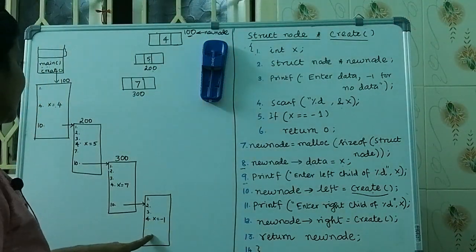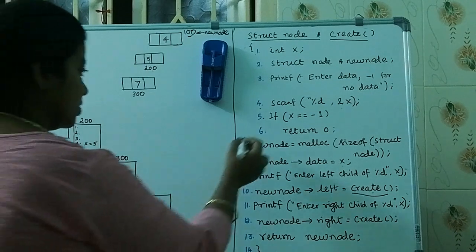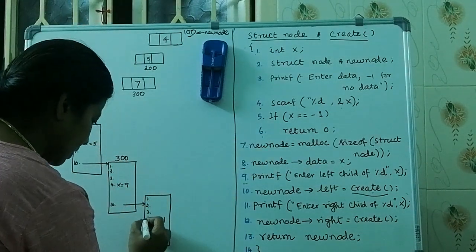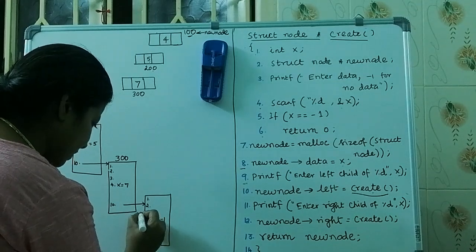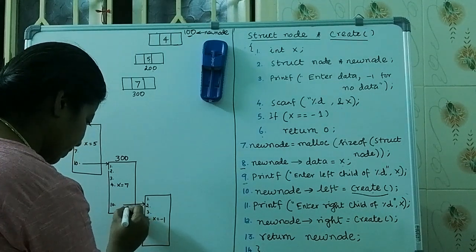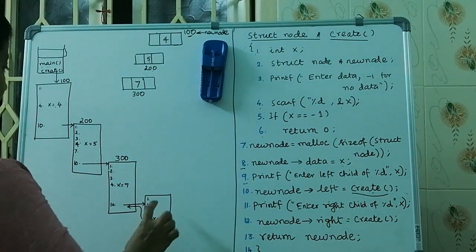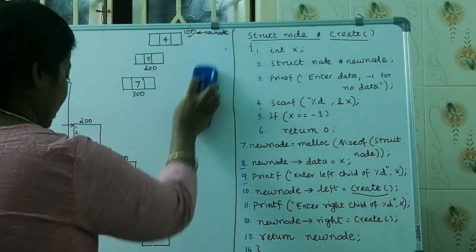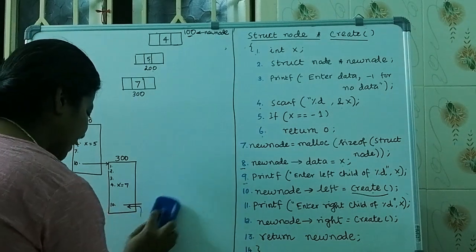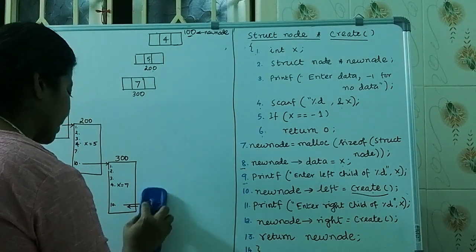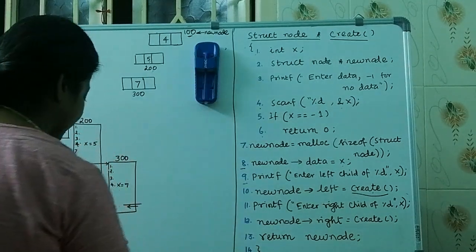Where does it return? It will return 0 to where it has been called. Whenever it returns to the previous calling function, this stack frame gets popped off automatically from the stack. So this stack frame gets popped automatically, so it has been deleted.